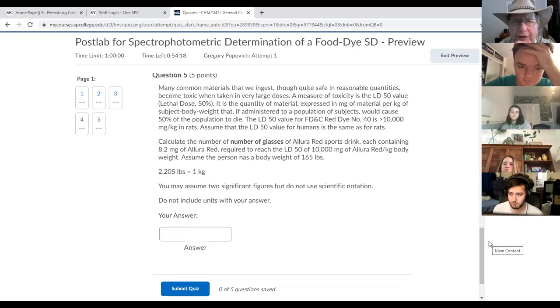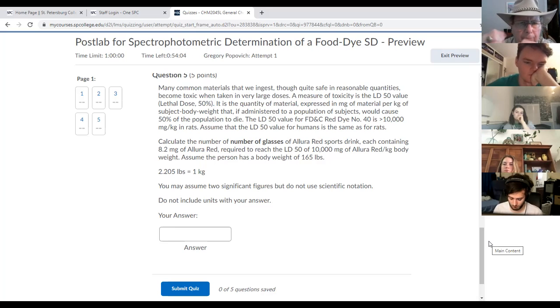You have to calculate the number of glasses of the sports drink that you're going to need to consume to get to 10,000 milligrams. Any questions about these problems? The last two problems are just dimensional analysis problems. You guys are going to do fine on them.